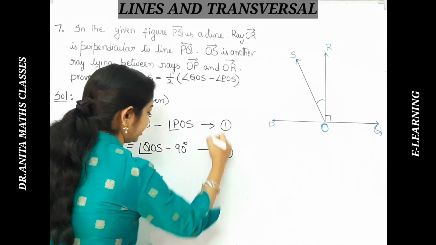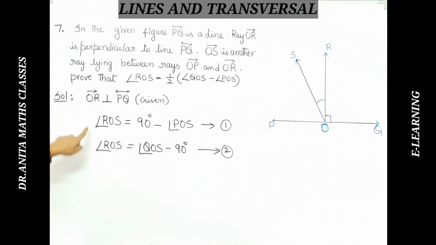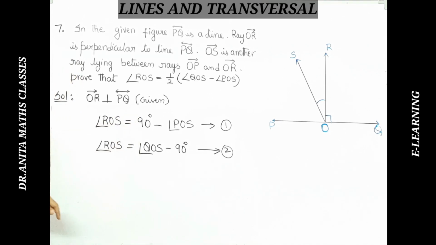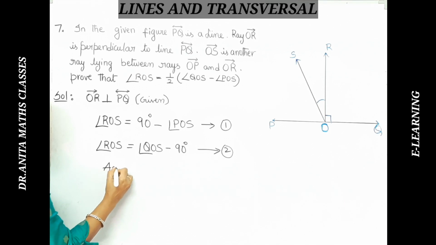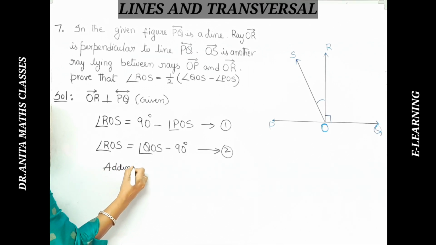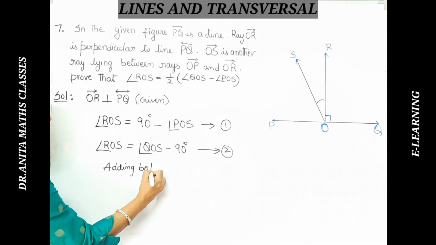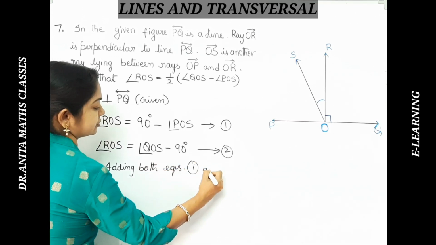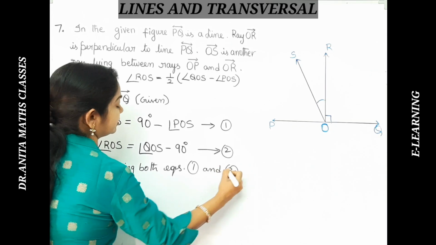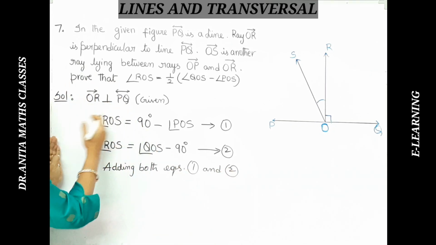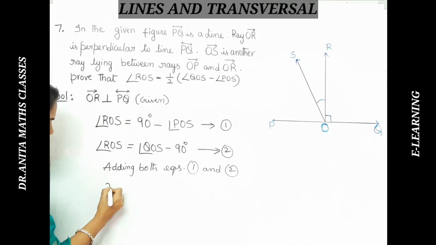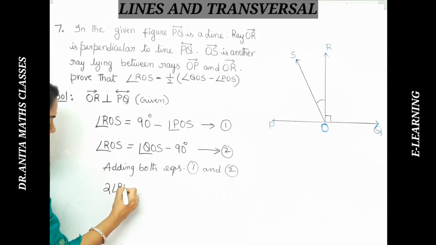From equations 1 and 2, angle ROS and angle ROS, let us add both equations. Adding means the LHS side adding and the RHS side adding. If you add both, you get 2 angle ROS.